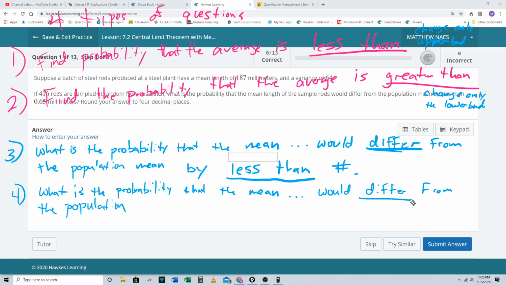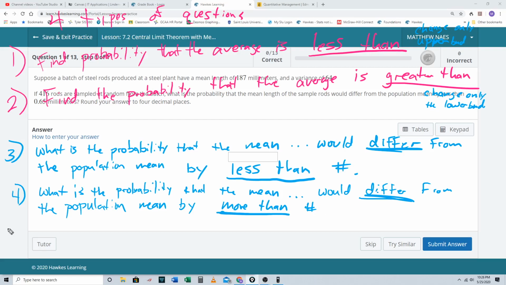So it's going to have that word differ, and there's a big important word there, differs, from the population mean.